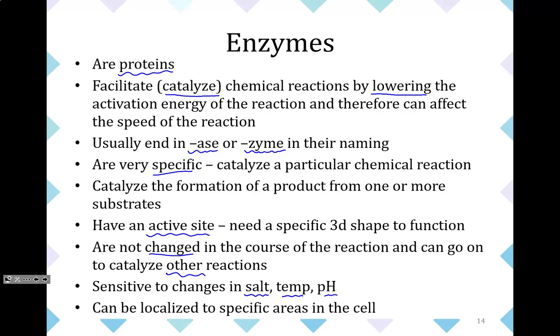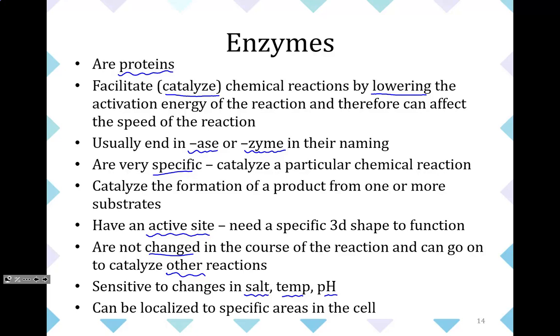Now, the good thing about enzymes being proteins is they can be localized to specific areas in the cell. So in Chapter 3, when we talk about cell structure and function, we're going to talk about a lot of these enzymes and where they can function in the cell. There are enzymes that need to function in the nucleus that can be put into the nucleus of the cell.